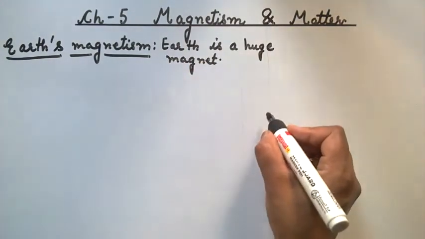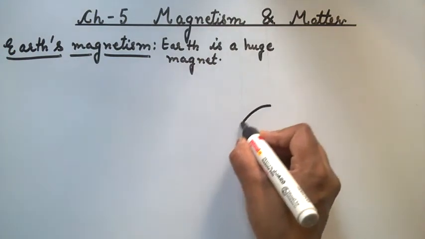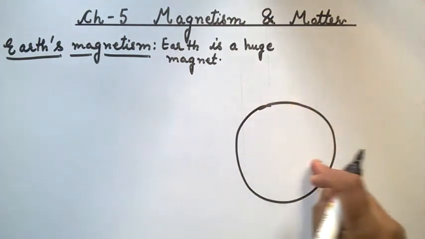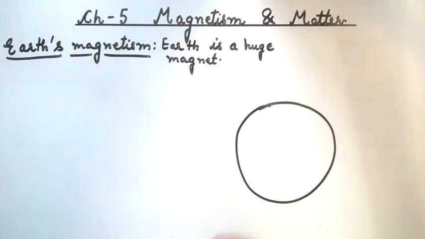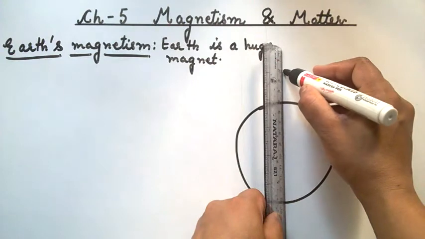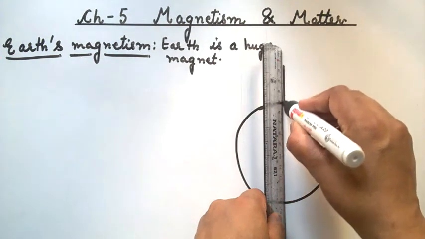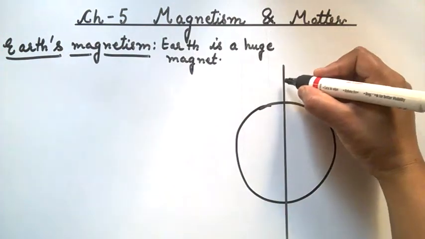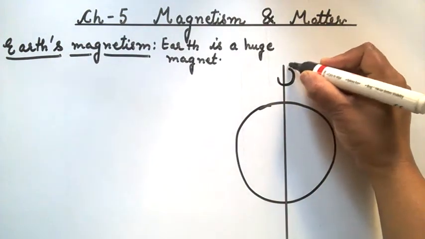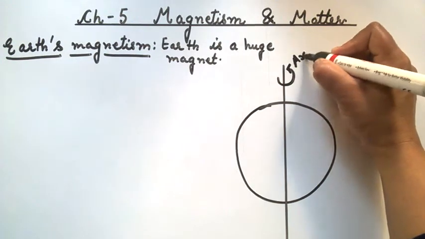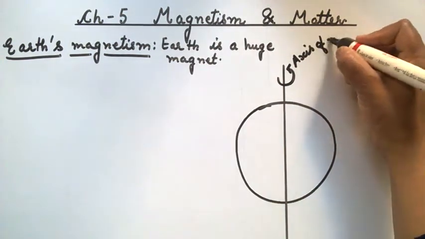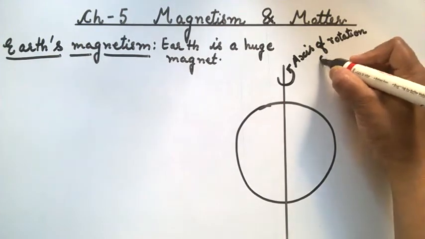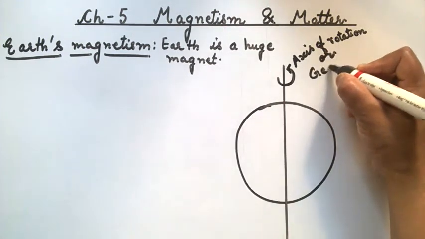Now let's consider the Earth's sphere and the vertical axis which is passing through the center of the sphere is known as axis of rotation or geographical axis.